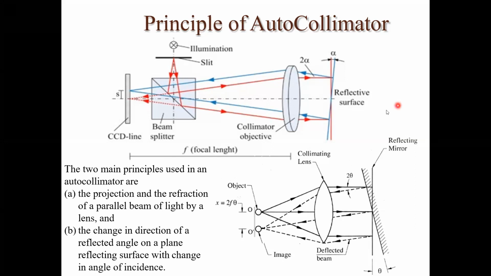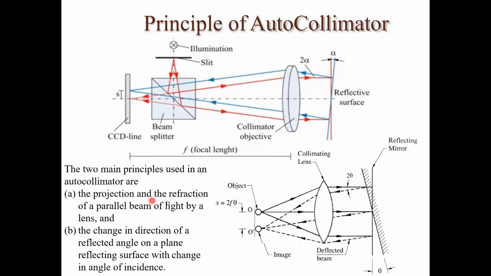Here the collimator objective is the collimating lens. After projecting the beam of light rays towards the collimating lens, that beam of light is converted into a parallel beam of light. If you observe these two red lines, they are parallel to each other after passing through the collimating lens. That is the first principle.